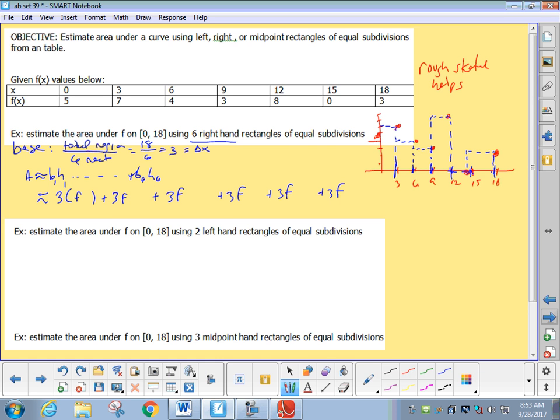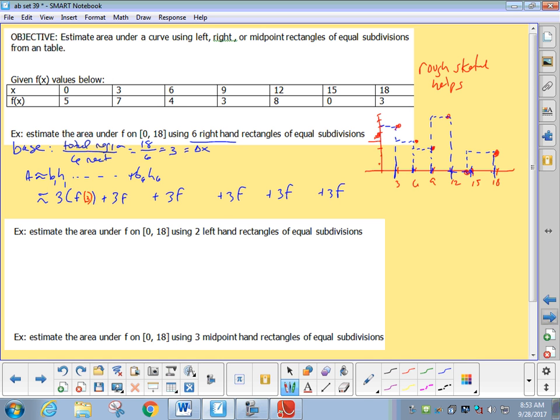Okay? My first height. My first region was from 0 to 3. I used the right-hand side. So the height I used was the function at 3. So my first height should be f at 3.